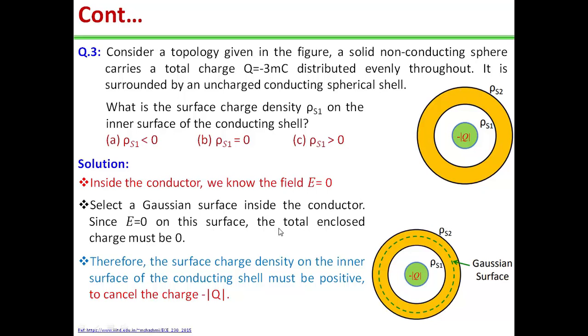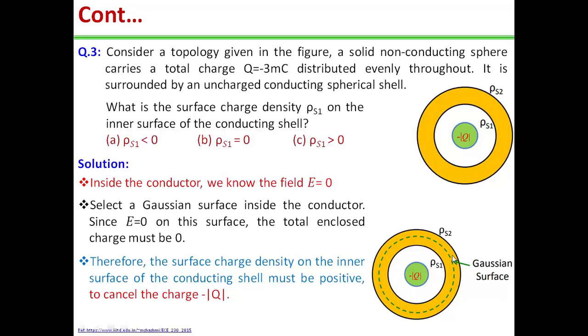So the total charge enclosed must be zero, because if an electric field were there, there must be some enclosed charges. Initially we know that minus 3 millicoulomb is enclosed, which is distributed over the non-conducting sphere. But when we enclose that with the Gaussian surface, we have certain electric field lines and again we will have electric flux.